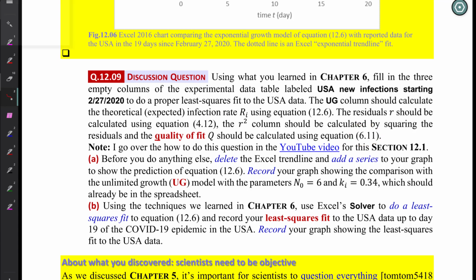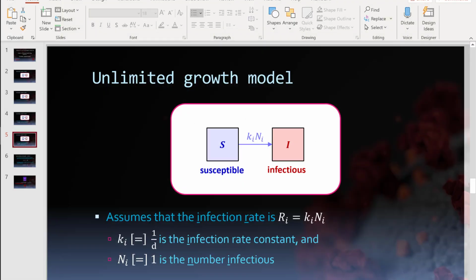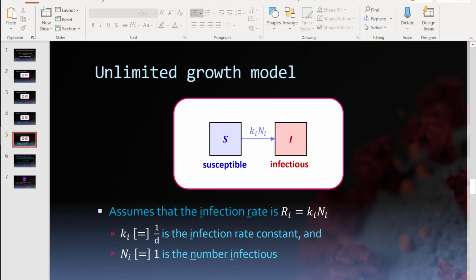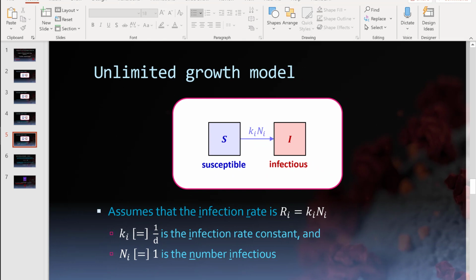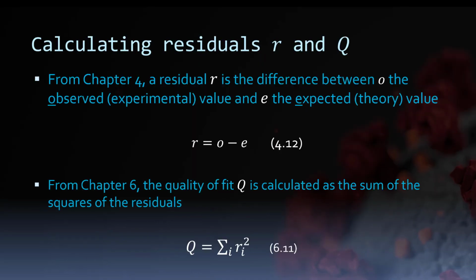And the PowerPoint, if I can find it, there it goes. The next page of the PowerPoint, if I put it in full screen mode, is about calculating residuals. From chapter 4, we know that a residual R, it's a good pirate letter, R, is the difference between the observed and the expected values.